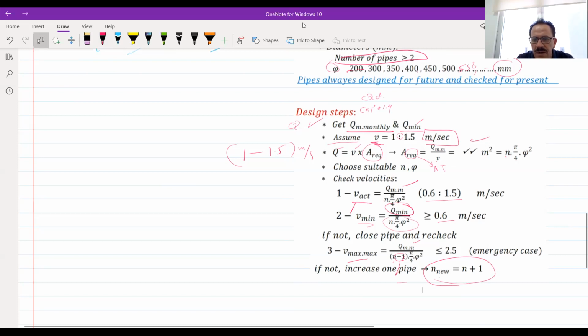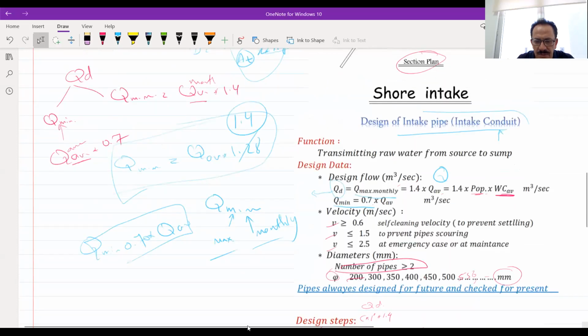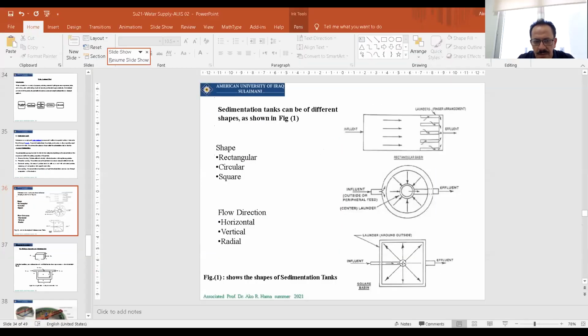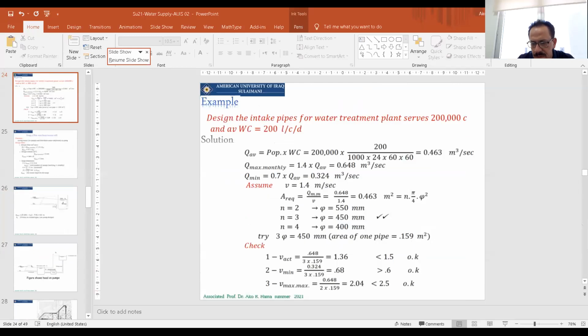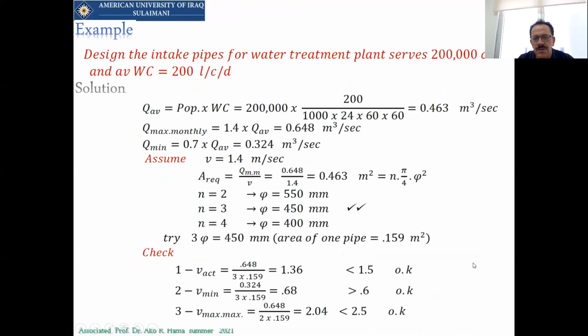Now, to be more clear, we will solve an example on this. Look at this one.